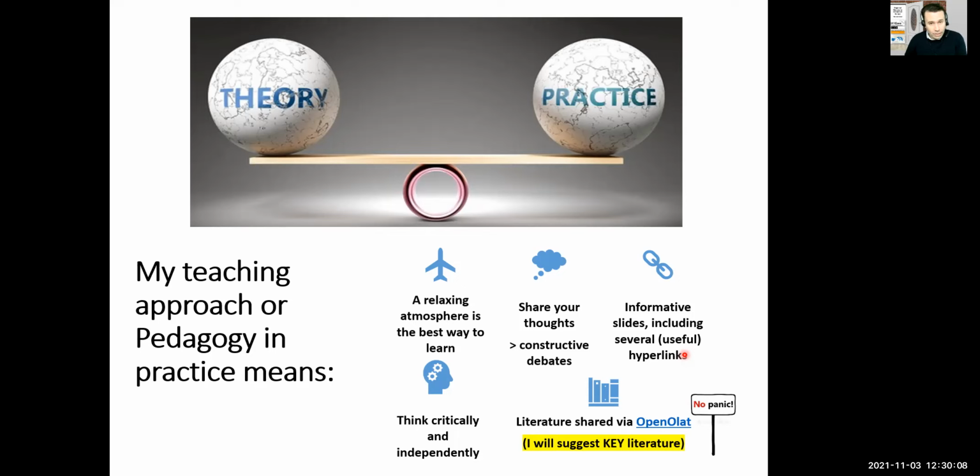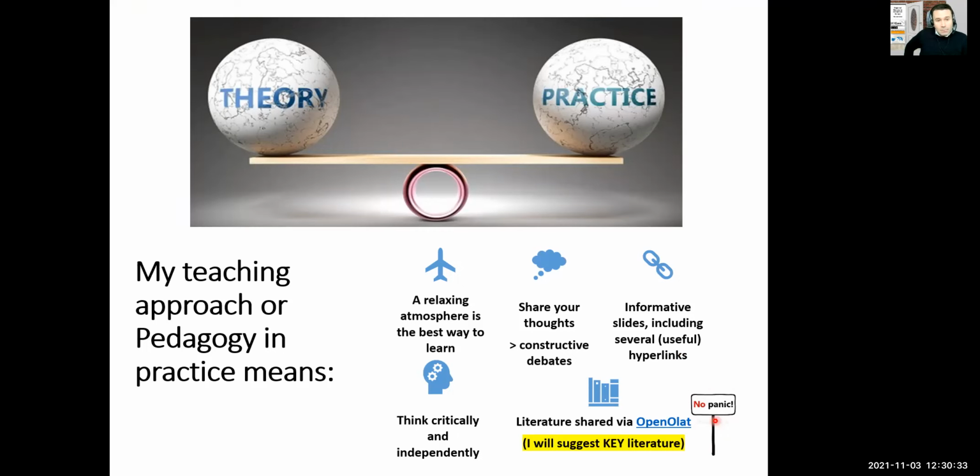There's a lot of practice, a lot of data across different sectors or domains of society: tourism, GDP, employment, unemployment, life expectancy, etc. I tend to share quite a lot of literature on the OLAT platform, but please, no stress, stress is not good for our health and well-being.